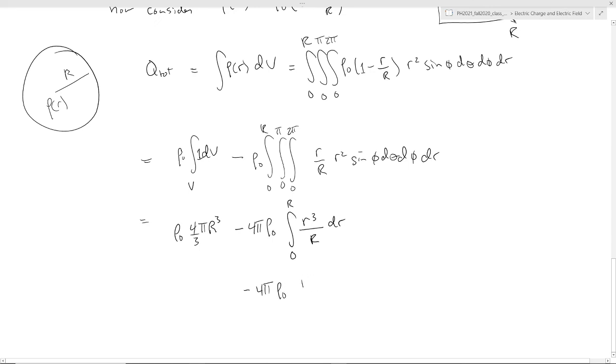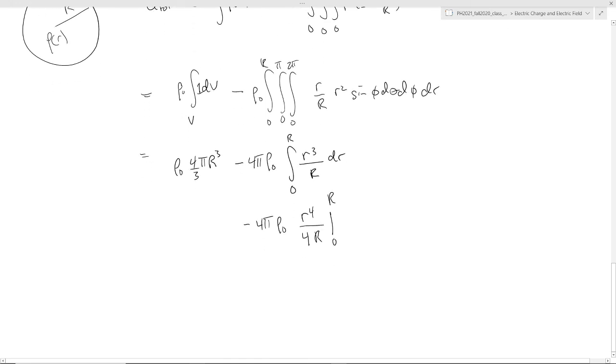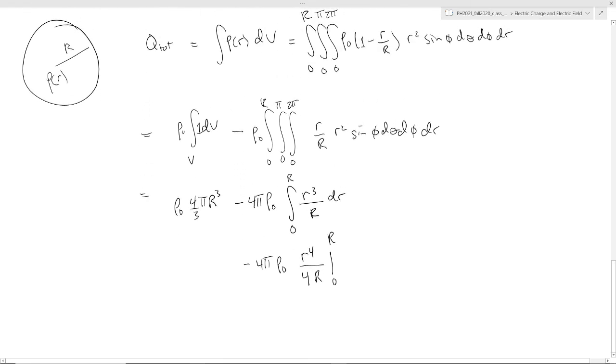So I'll do it step by step here. R to the fourth over 4. We still have our factor of 1 over R evaluated from 0 to big R. We still have our other chunk there. So put our limit in.